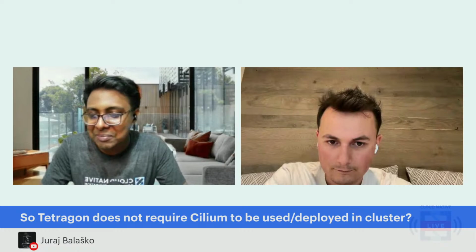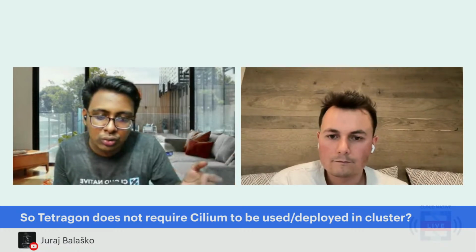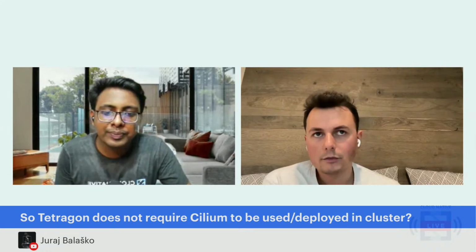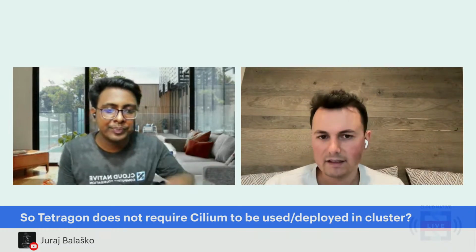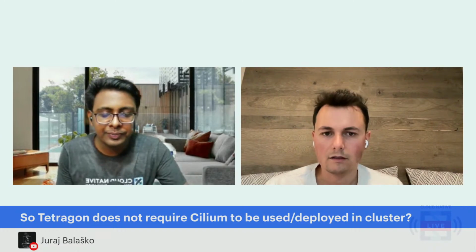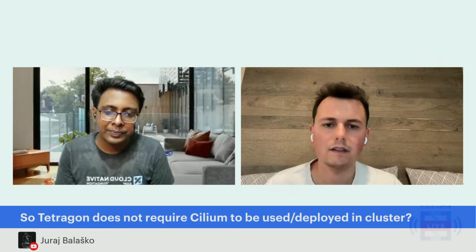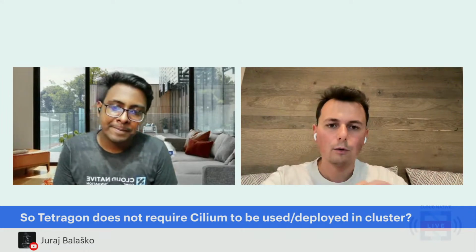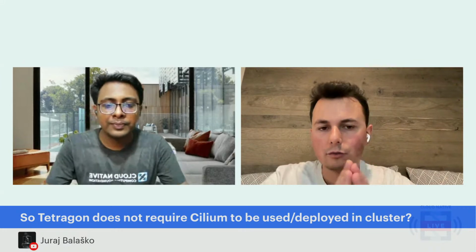Okay, we have another question. There are a lot of questions coming up, that's awesome. Tetragon doesn't require Cilium to be used or deployed in the cluster, right? No, it does not. At the moment, some of the metadata is obtained using Cilium, but I think a CNCF intern is working on a project about how we could completely remove the dependency on Cilium.